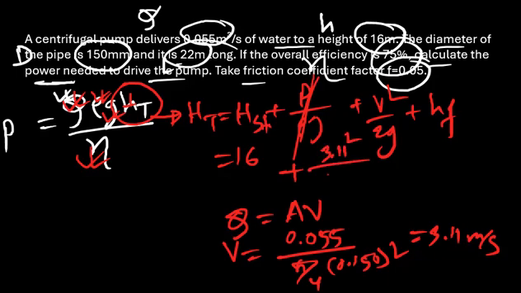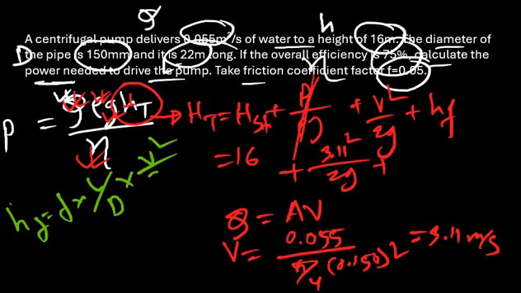Also, another term is the frictional height. Frictional height HF equals F times L divided by D, times V squared divided by 2G.